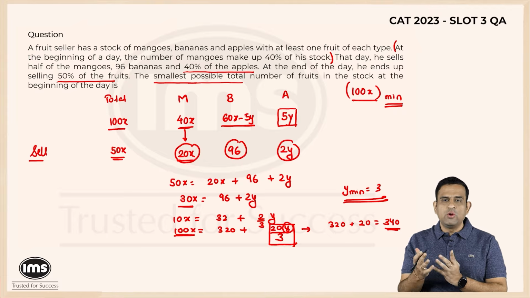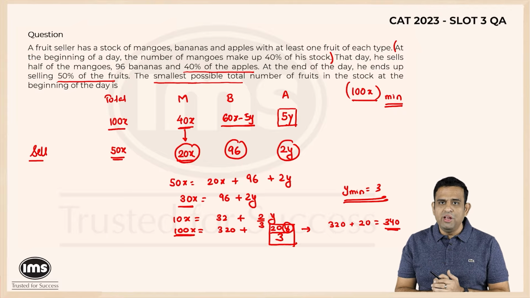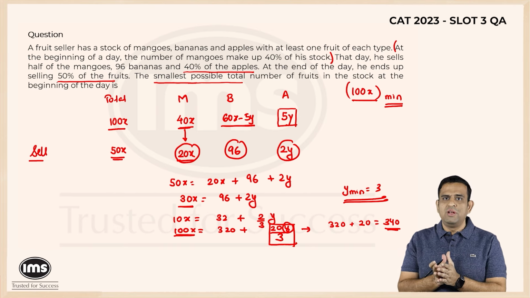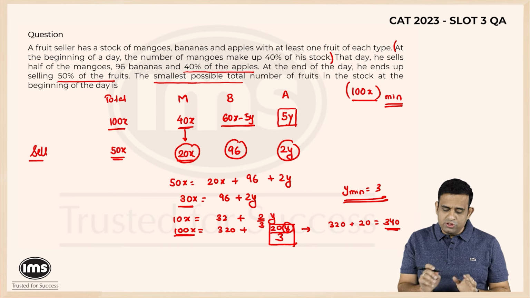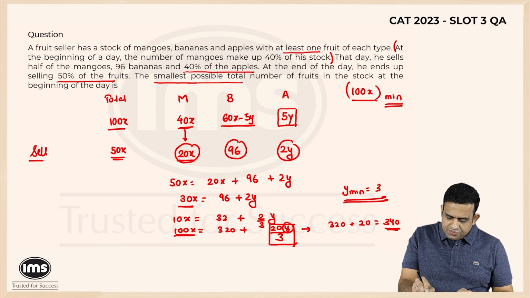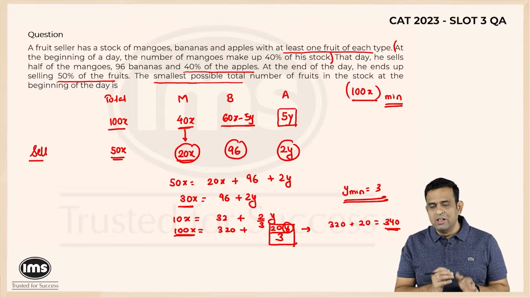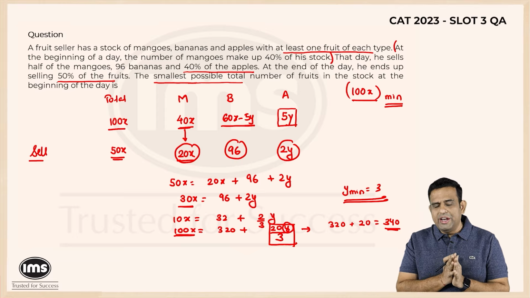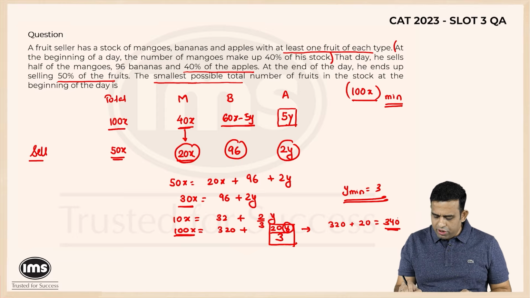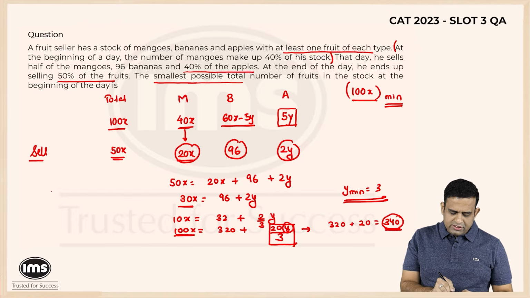Please note that one could say we could take the value of y to be equal to 0. If you take y to be equal to 0, that means the number of apples we have taken at the start becomes equal to 0, which will violate this particular condition, and hence the answer won't be 320. The answer basically would be 340 over here.